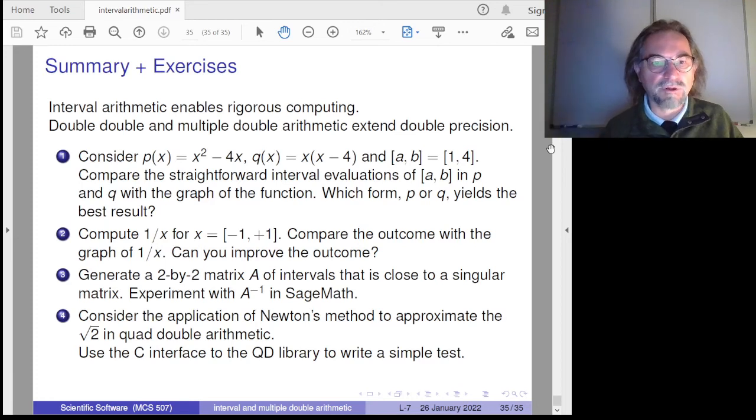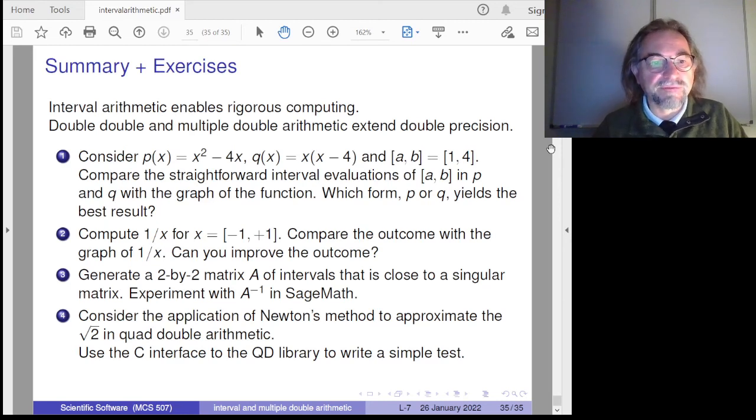So one form is better than the other. Try to understand why one is evaluated better than the other. In the second exercise, the outcome is actually terrible, and you can't really improve on the outcome because the origin, the 0, is included in X.